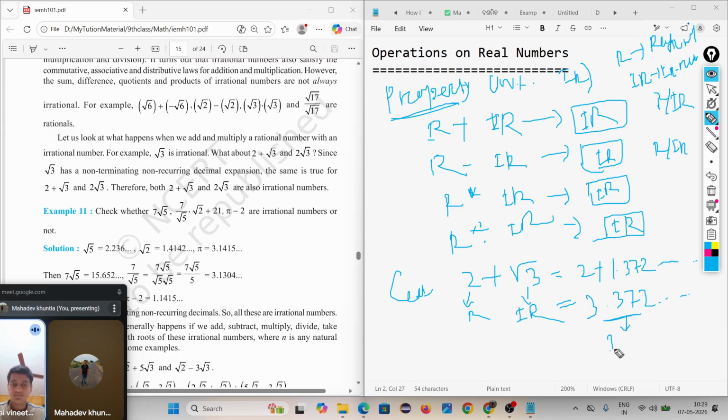Irrational. If you add, subtract, multiply or divide an irrational number with a rational number, 100% you will get an irrational number.